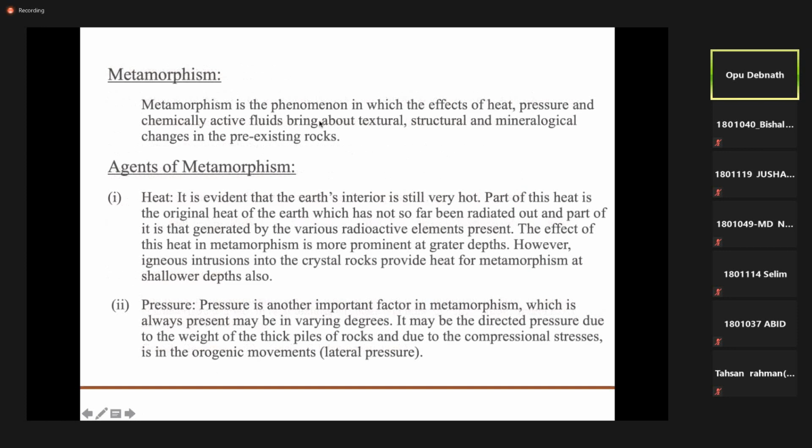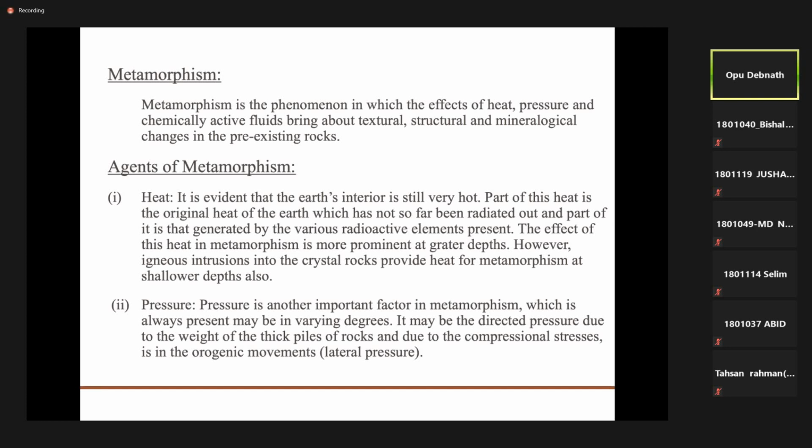So let's discuss the details of metamorphism. Metamorphism is a complex process involving the effect of heat, pressure, and chemically active fluids. These three main agents bring about textural, structural, and mineralogical change in pre-existing rocks.